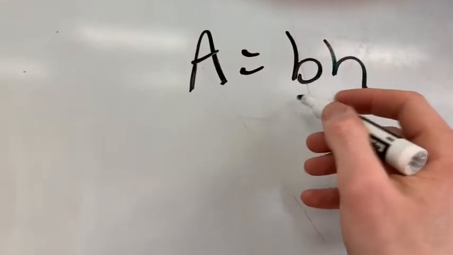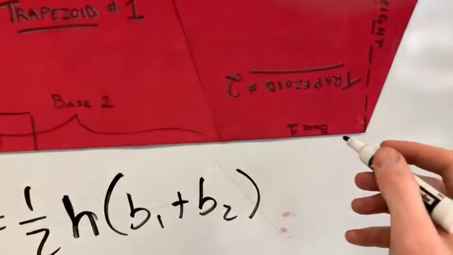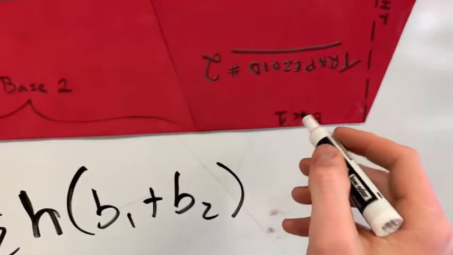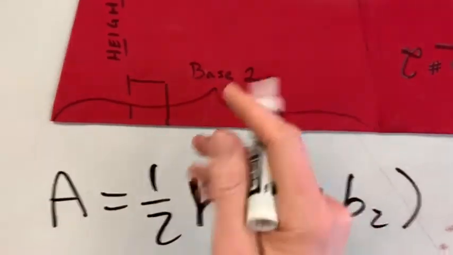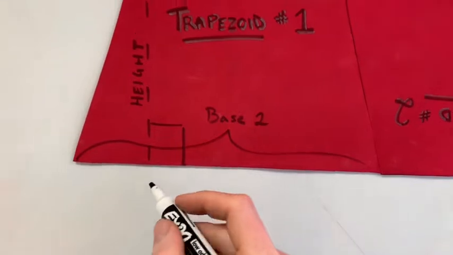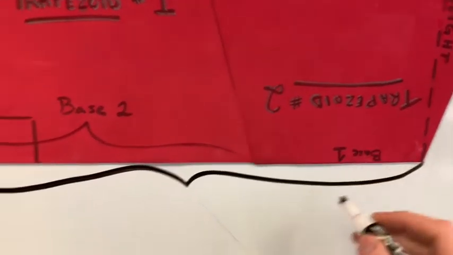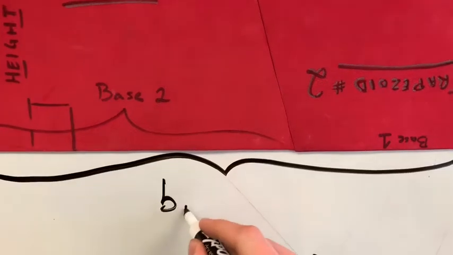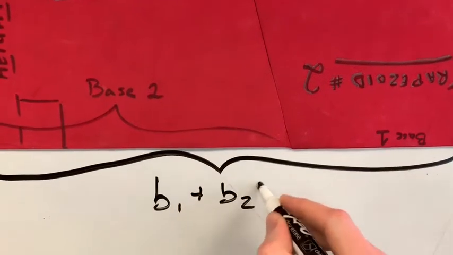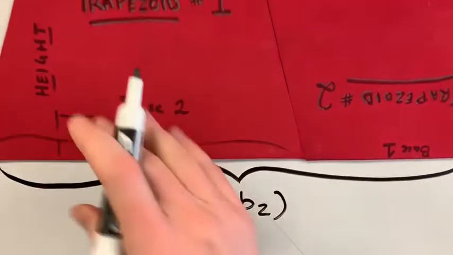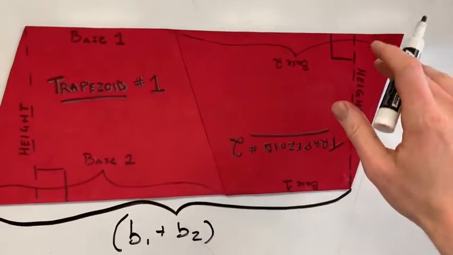The base of this parallelogram is actually the two bases combined. We have base 1, let me slide it up. We have base 1 and base 2 combined. So that's base 1 plus base 2. That's our base for our giant parallelogram.